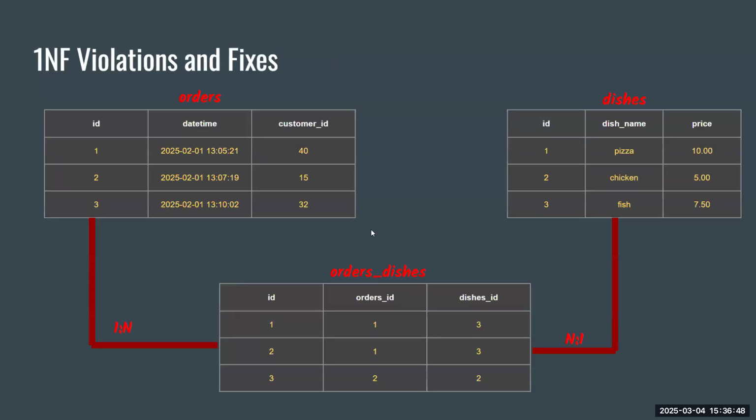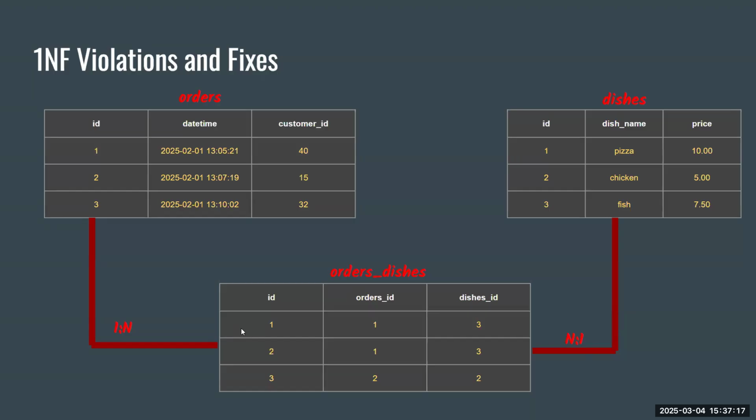So let's review our orders and dishes schema model that we created just a moment ago. Again, dishes is a one-to-many relationship with the orders dishes join table, and orders is a one-to-many relationship with the join table.